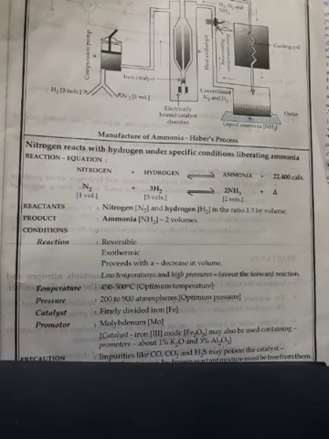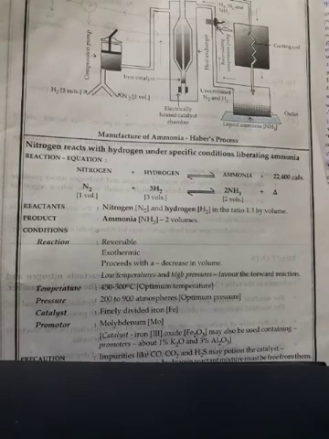So here one thing more you should know, Le Chatelier's principle, that you will study in detail in class 11th, but a little bit you should know because we are going to use this principle in this process. So according to this, when there is a change in the temperature, pressure or concentration of a system in equilibrium, the equilibrium shifts in such a direction as to counterbalance the effect of the change.